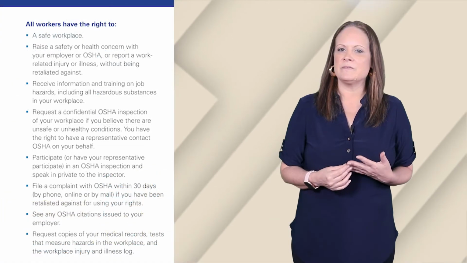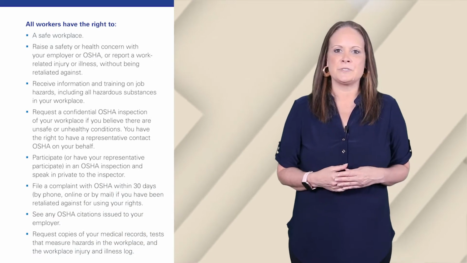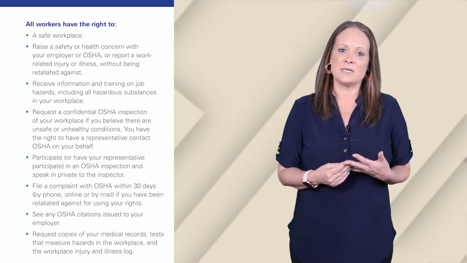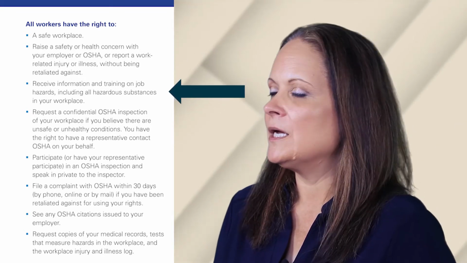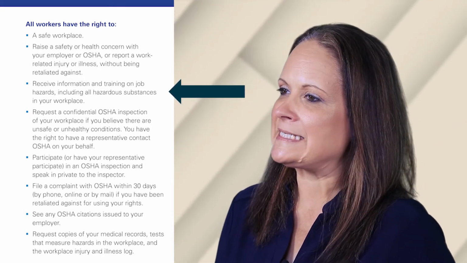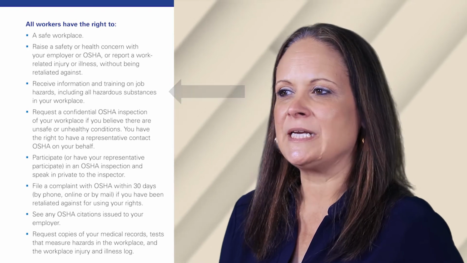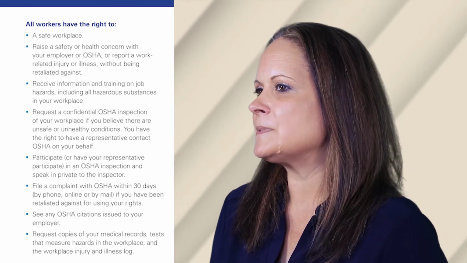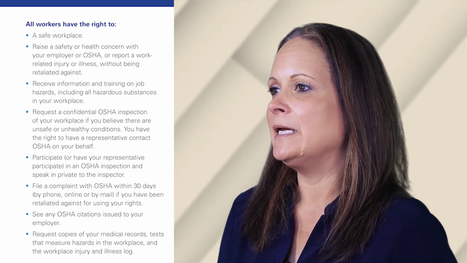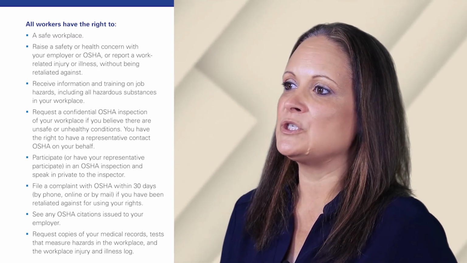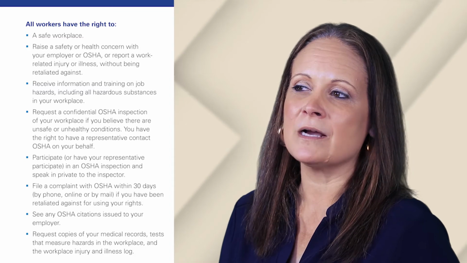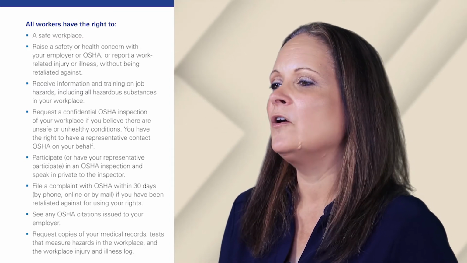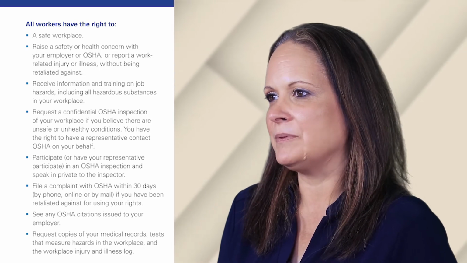The main point of the bullets on the left-hand side of the poster is to explain workers' rights as defined by OSHA. For example, under the second bullet, it states, receive information and training on job hazards, including all hazardous substances in your workplace. Employees are within their rights to call, email, or talk to their supervisor and request proper personal safety equipment for a hazardous cleaning job.